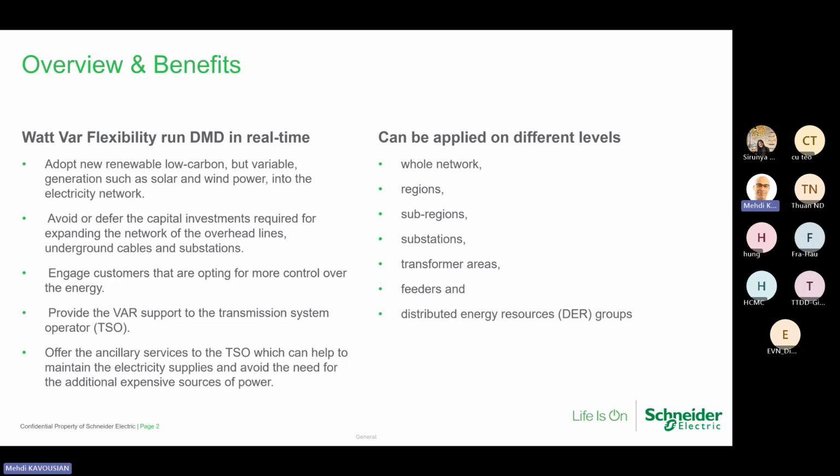So with this application, we can adapt your load management for the network level. When I say network level, it's from the substation upwards. So normally you want to say, okay, I want to reduce.